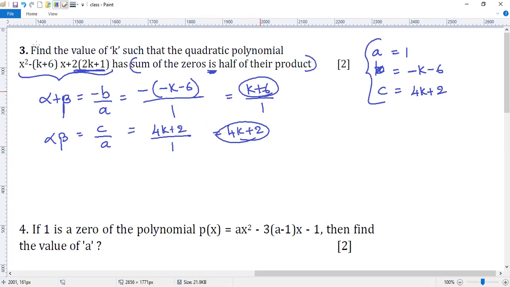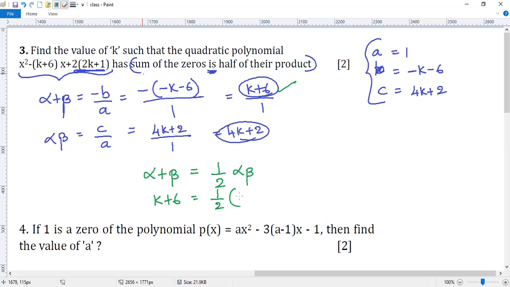What is given? Sum of zeros is half of its product. Sum of zeros, that is alpha plus beta, is half of alpha beta. Okay. So what is alpha plus beta that we have got? K plus 6. So k plus 6 is equal to half of 4k plus 2.